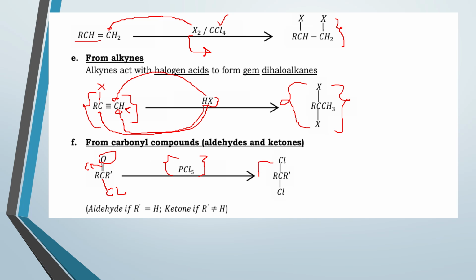So we end up with a geminal halide in this format. It's geminal because both of the chlorine atoms attach to the same carbon atom. This is valid for both aldehydes and ketones.